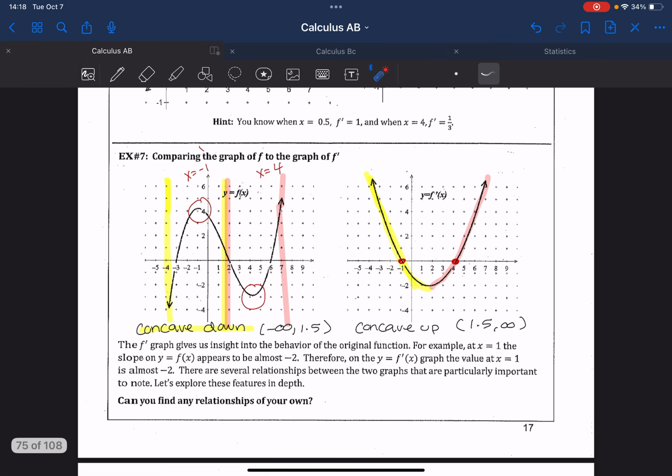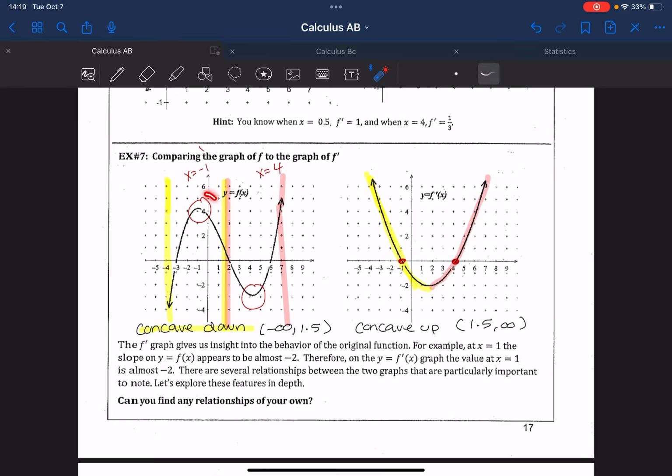Same with problems like number 7. Notice in number 7, this is the graph of f, and this is the graph of f of x. Notice at these two areas, we are concave up. When we're concave up, we know that we are going to be increasing.